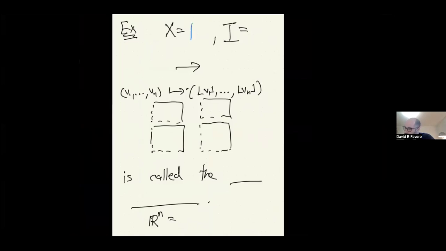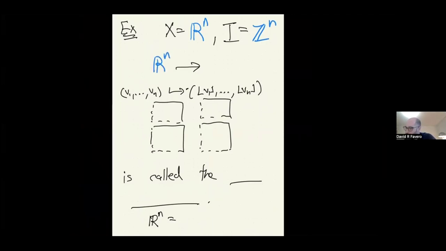So if X is R^n, and my poset is just Z^n with its usual ordering, okay? It's just a partial order, where the difference has to be non-negative in every term. So then what's this map?